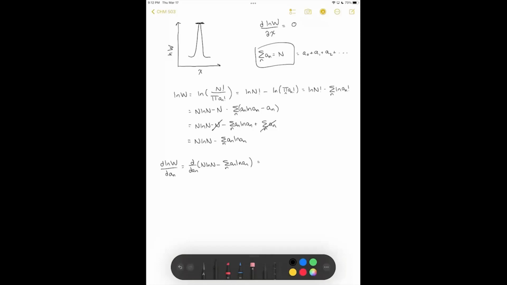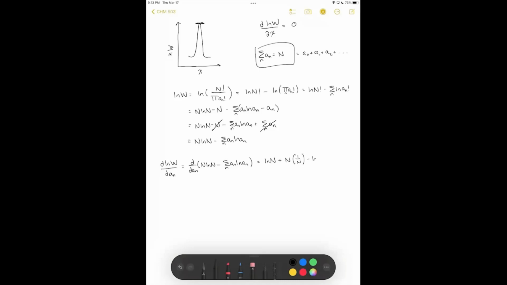So the derivative of n natural log of n, we do the product rule. The derivative of n with respect to a sub n is 1. So we'll get the natural log of n, and then plus n times the derivative of the natural log of n, and that's going to be 1 over n. And we can do the same thing for the other side.